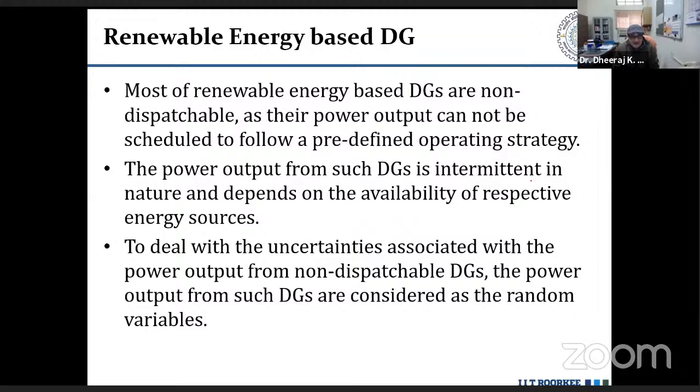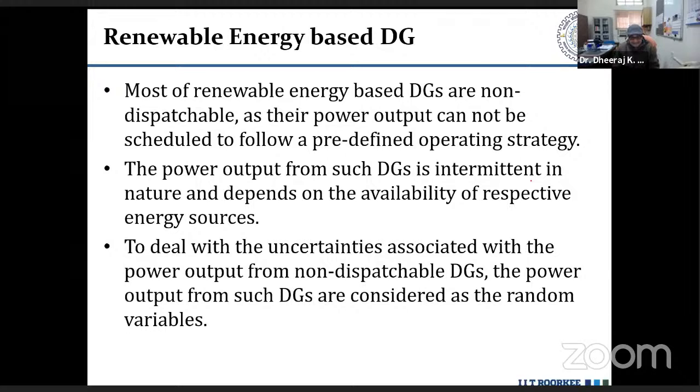Suppose we are scheduling a DG for, let us say, tomorrow, for 2 megawatt. In case of conventional DG, we can follow that schedule. But in case of renewable energy based DGs, we cannot follow such a schedule because the most important thing is the availability of the respective resources.